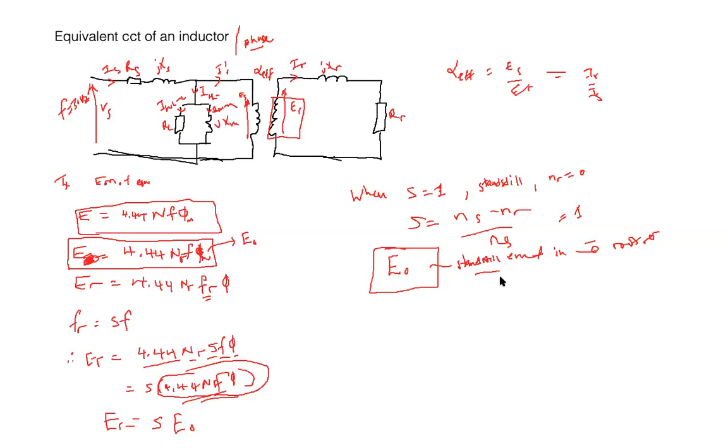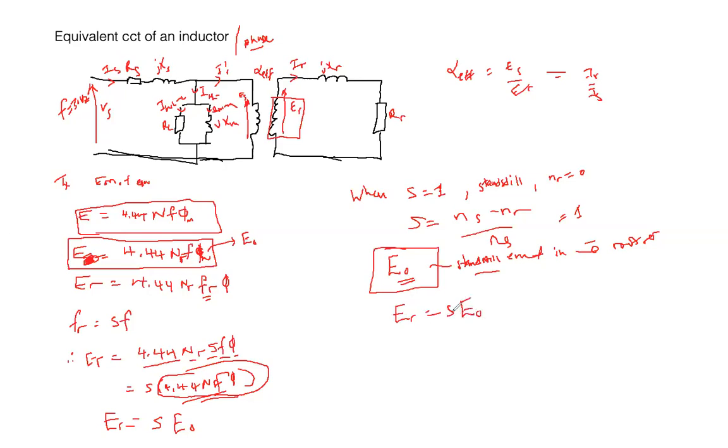Okay. Are we together? When the rotor is not rotating. All right. Good. So that's E naught. Now you will see that when the rotor begins to rotate, as we have now, we will have this in existence.